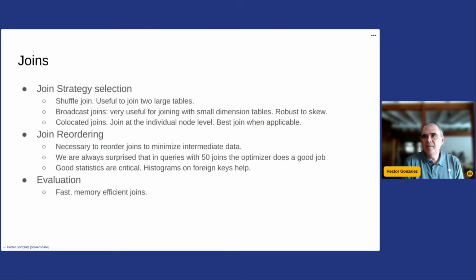And the main advantage of this broadcast join is that it's very robust to skew. Shuffle join is not robust to skew, but broadcast is. And the most powerful join type that we have is collocated joins. I'll talk a little bit more about this in the next slide. But basically, collocated joins allow us to very efficiently co-partition the tables and execute the query on these co-partitioned tables.